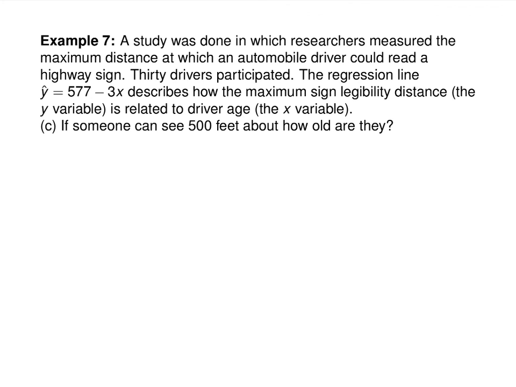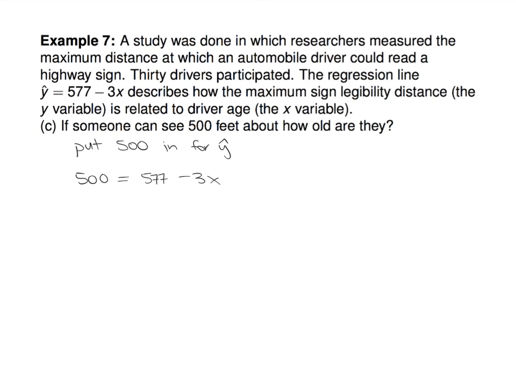Now, lastly, if someone can see 500 feet, approximately how old are they? Well, in this case, we're going to put 500 in for y hat. So 500 equals 577 minus 3x.